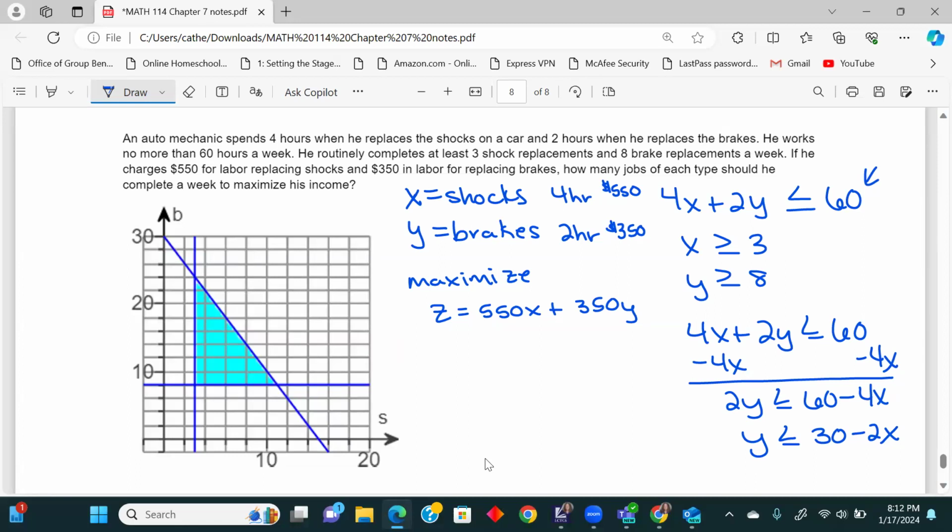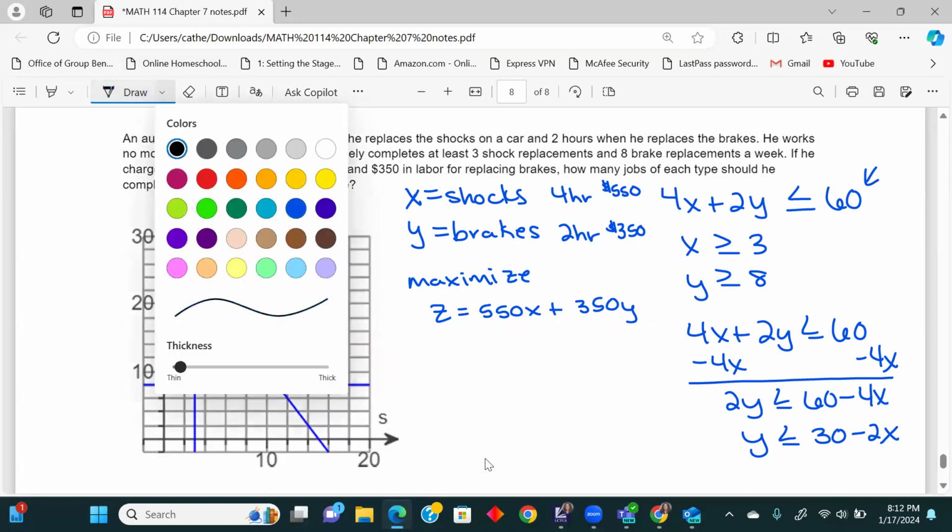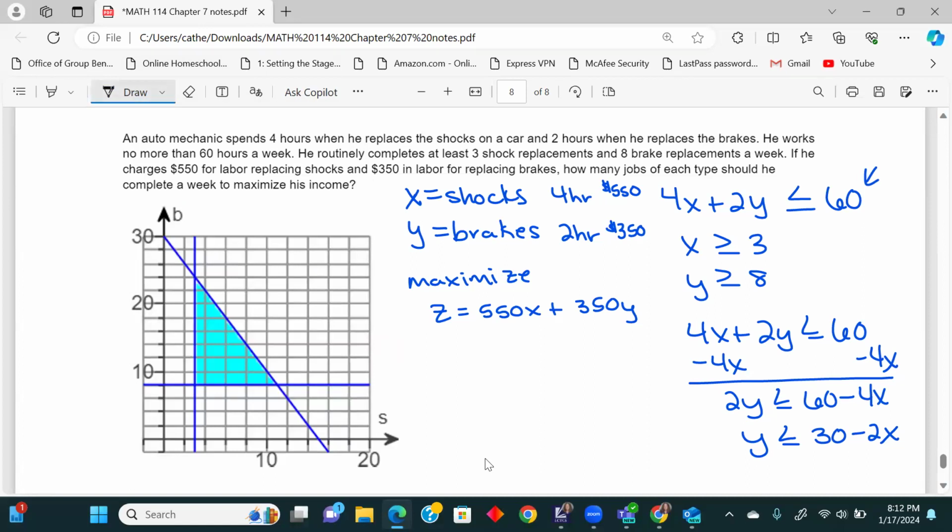X is greater than or equal to 3. That's this. Let me change the color real quick. X is greater than 3 is here. That's where the shading to the right comes from. Y is greater than 8 is here. Greater than, it's above. And then the one with the slope, the 30 minus 2x.